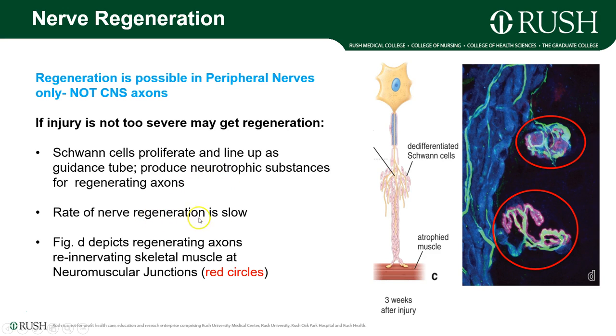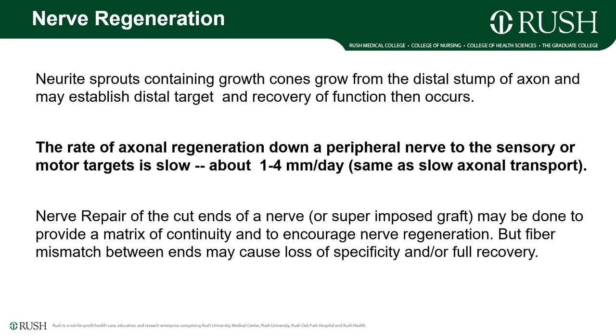Overall, the regeneration rate is very, very slow. When regeneration does happen, it can be seen here, for example, depicted as the axons re-innervating the muscles or target organs, as seen in this picture here. As said before, during nerve regeneration, the neurites are sprouting, containing a growth cone towards the target organ.